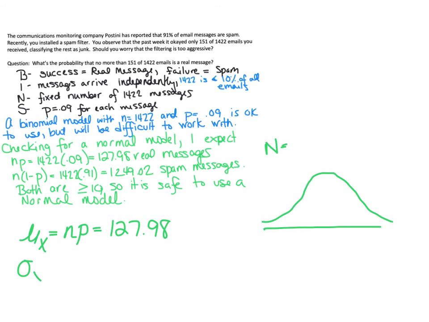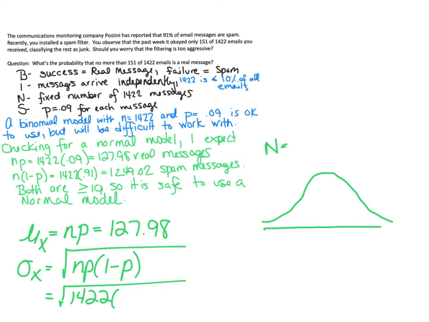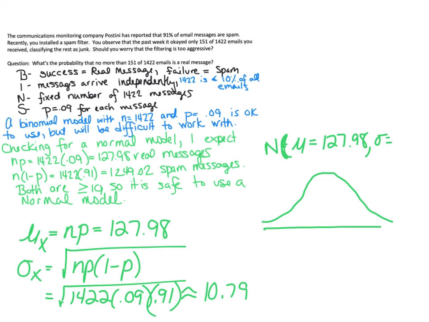And I need my standard deviation, which is the square root of n times p times 1 minus p, which, if I plug in, is the square root of 1422 times 0.09 times 0.91, which is about, to 2 decimal places, 10.79. So I'm going to label my normal model with my two parameters: mu equals 127.98, comma, sigma equals 10.79.